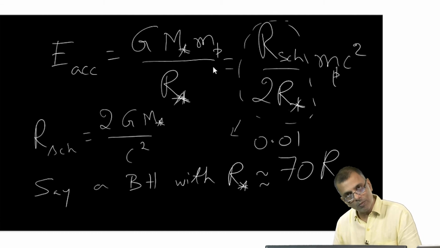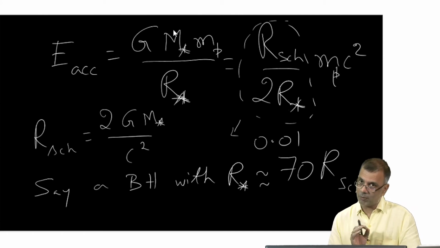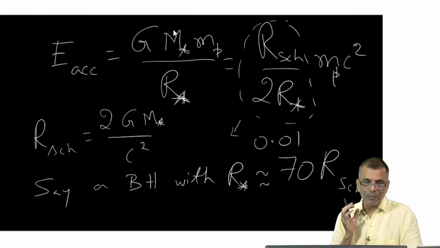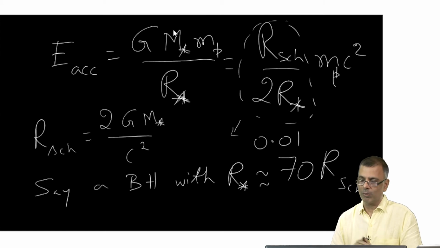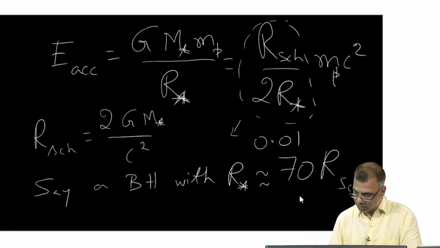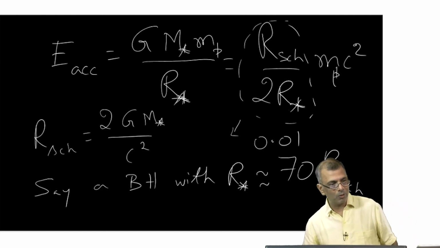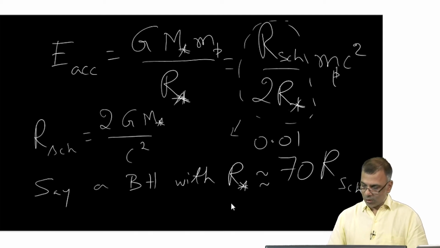The point we are trying to make is that the gravitational potential energy, if it can be released, and this is a big if, if we can somehow tap the gravitational potential energy arising from accretion of gas at rest from infinity onto a compact object, so compact that the radius is something like 70 Schwarzschild radii, that can potentially be more efficient than nuclear fusion.